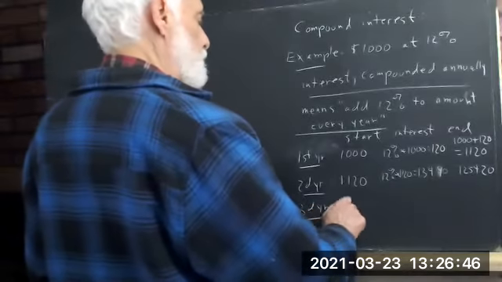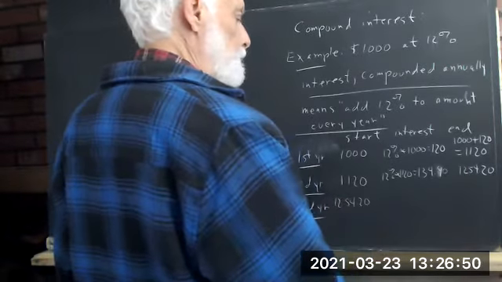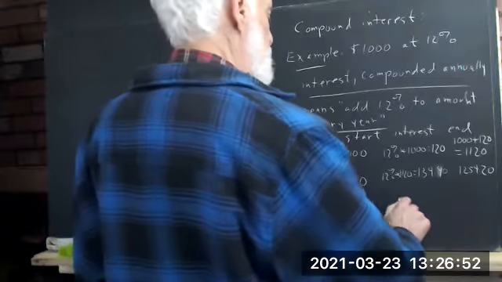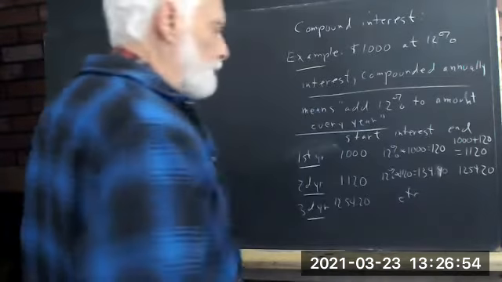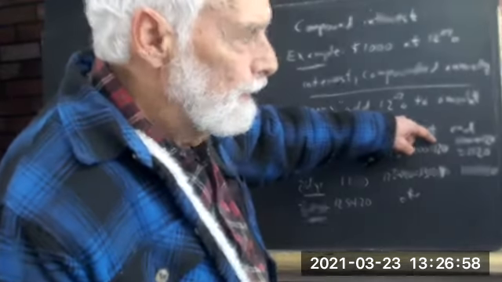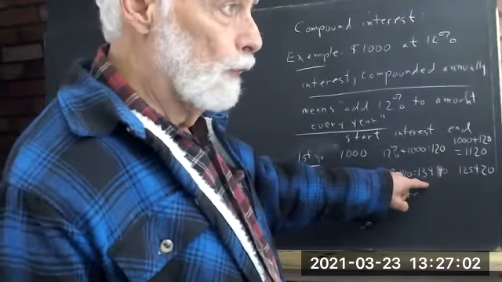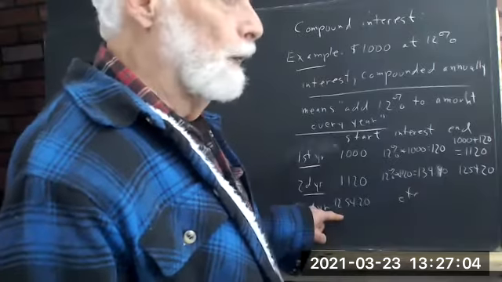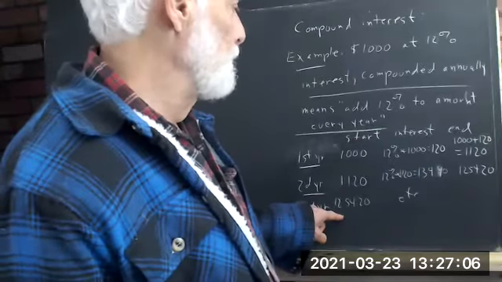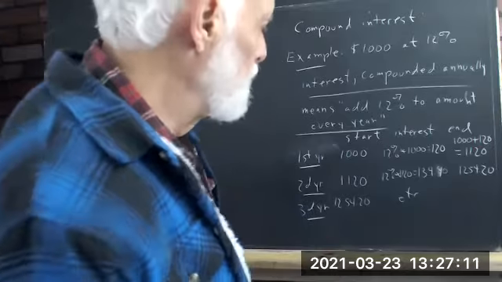In the third year, etc. Notice that what we're adding each time is 120, then 134.40, and then 12% of whatever in the world this is. It's probably going to be something like about 150.